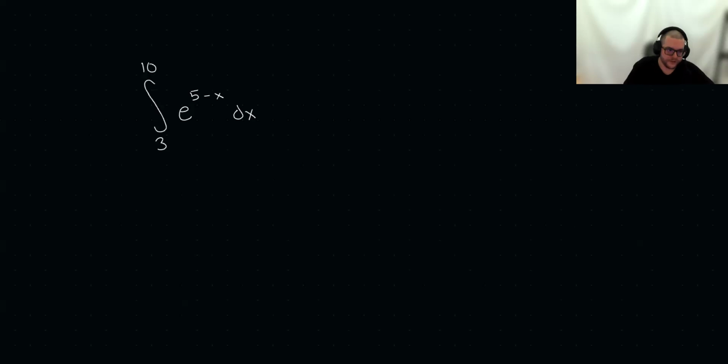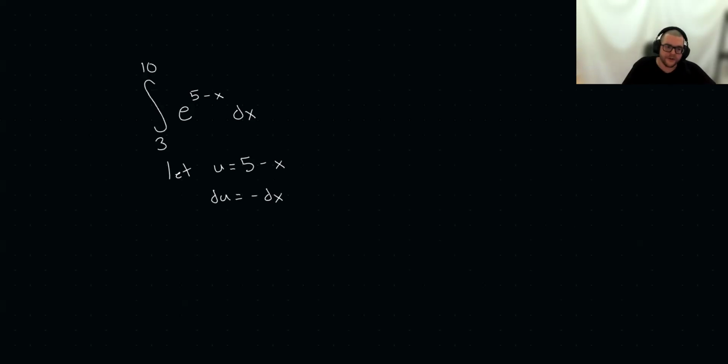And so I'm going to do a substitution to make this look like e to u, or e to a variable. I'm going to say u is 5 minus x. So du is minus dx. And because now I have a definite integral, the bounds should change.